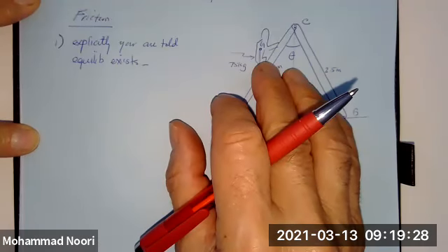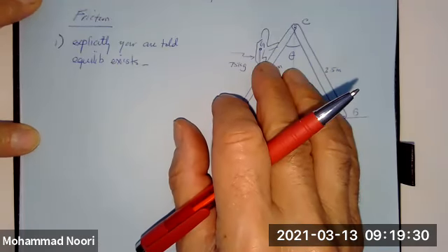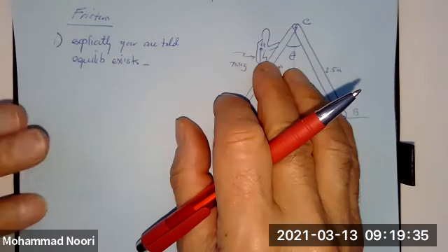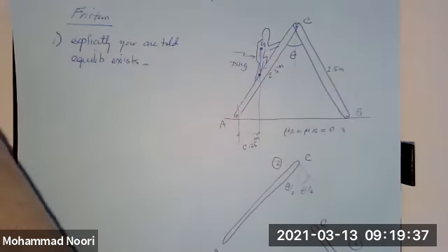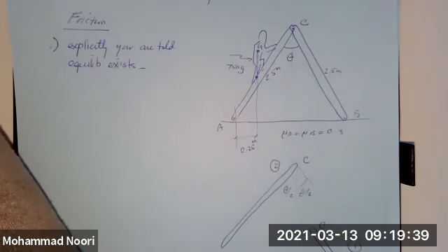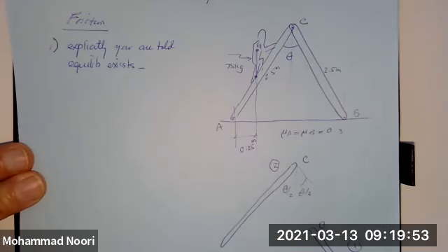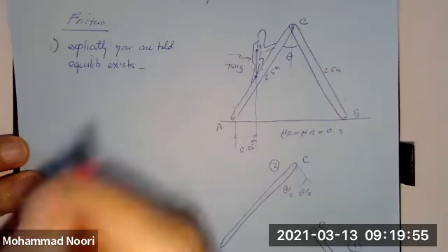Still considered equilibrium. It's dynamic friction, but you can still use the first law of Newton: summation of forces is equal to ma. If either the right-hand side is zero, or you have a constant velocity, which means acceleration is zero, then ma would be zero. So summation of forces would be zero. So that's the first type.